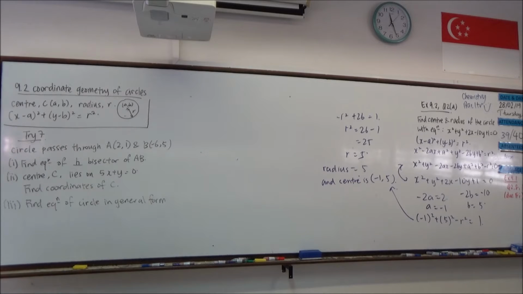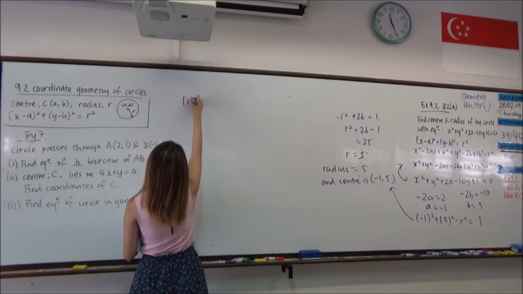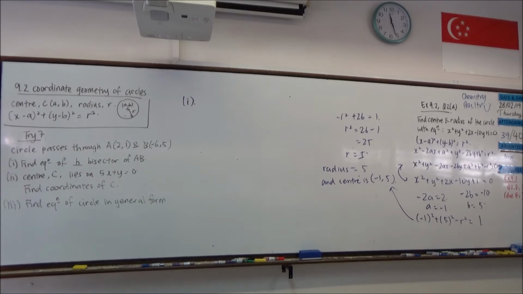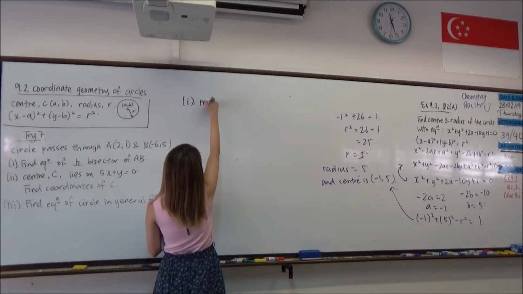Alright, could we look at try 7? Try 7, the circle passes through A and B. After that, part 1, we want to find out what is the equation of the perpendicular bisector of AB. What do I need to find first to find out the perpendicular bisector? Midpoint.